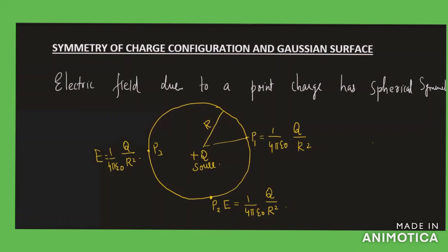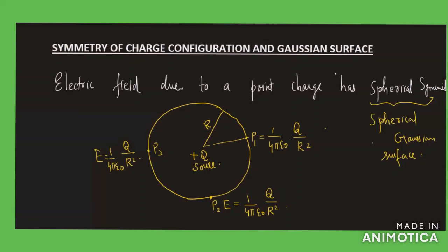And if the electric field due to a certain charge configuration has a spherical symmetry, we can select a spherical Gaussian surface to make the mathematics simple.